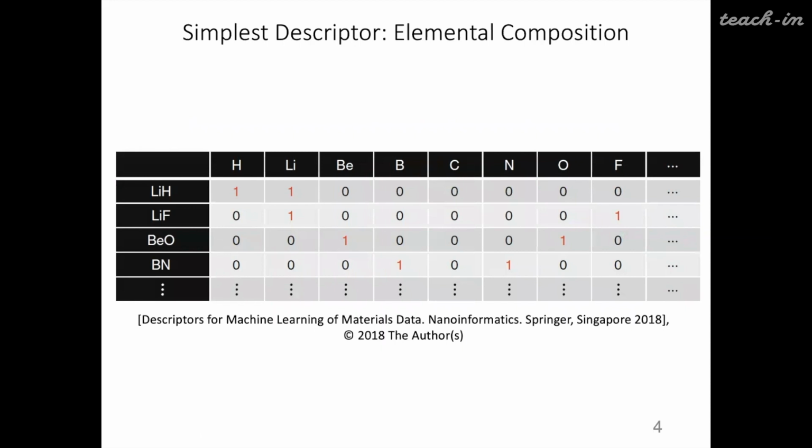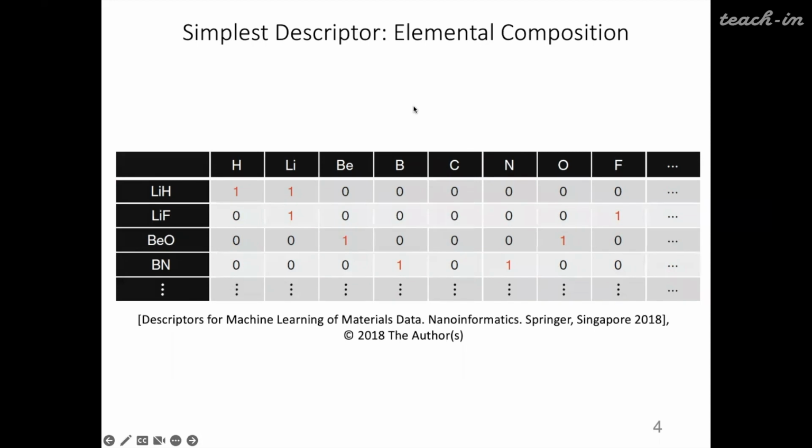And as the simplest way to consider solids, we can use some kind of one-hot encoding, so we can encode what elements are present in the unit cell, and in such a way we can describe elemental composition in a mathematically processable way.